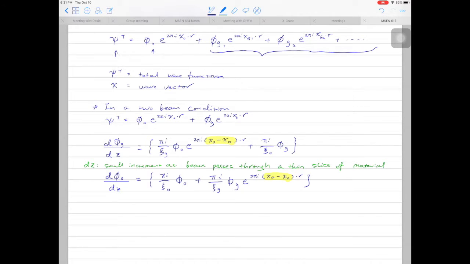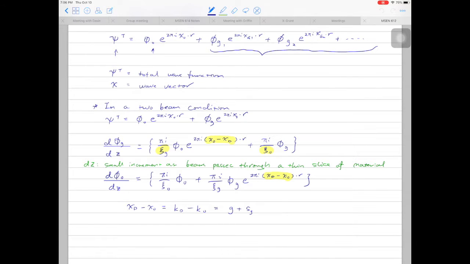Similarly, chi d minus chi naught is the change in the wave vector as the phi naught beam scatters into the phi g beam. In these two equations, we also have c naught and c g. C naught is the extinction distance as we have described before. C g corresponds to the scattering through an angle corresponding to a diffraction vector g.